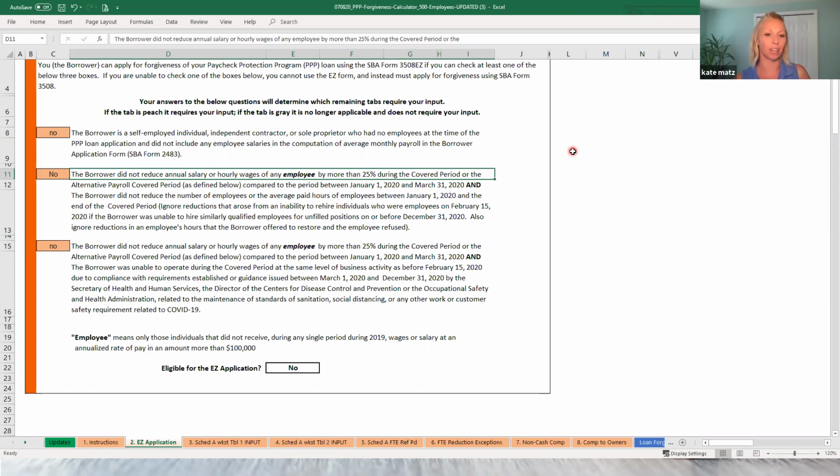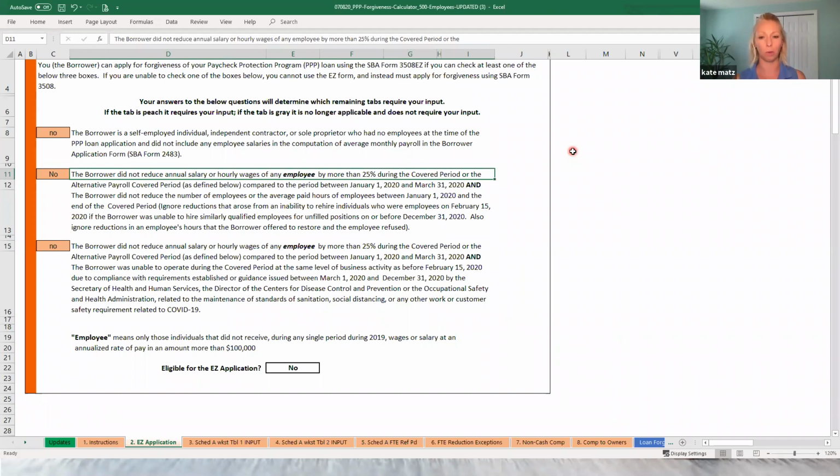The next one says, first off, you can't have any reductions in your compensation rates to your employees over 25%. So if you reduced compensation rates up to and including 25%, you're still in the clear. Once you trip that 25% threshold, you are not able to use the easy form.